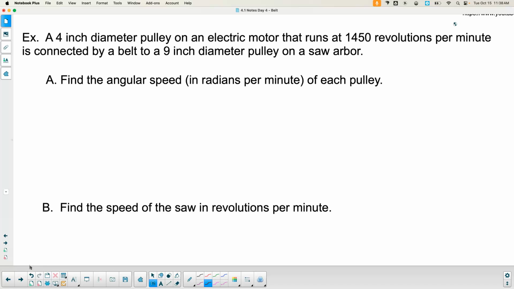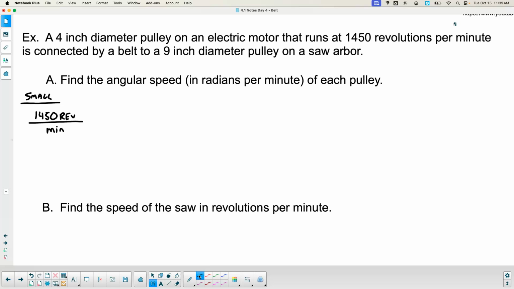A 4-inch diameter pulley on an electric motor runs at 1,450 revolutions per minute. It is connected by a belt to a 9-inch diameter pulley on the saw arbor. Find the angular speed of each pulley. All right, so we know that the small one is going at 1,450 revolutions per minute. We want it in radians per minute.